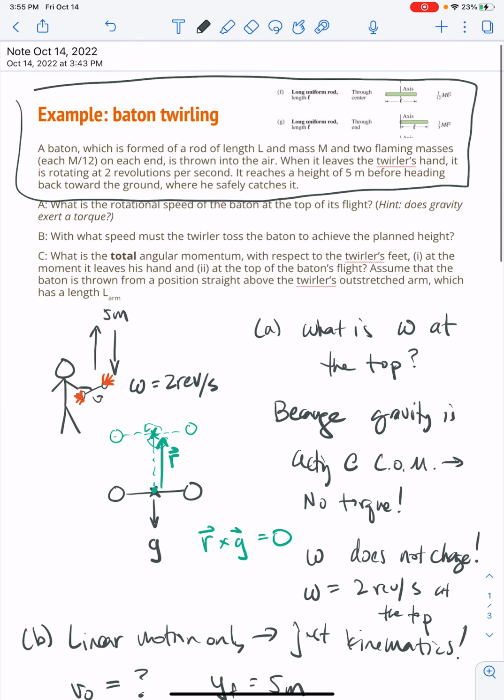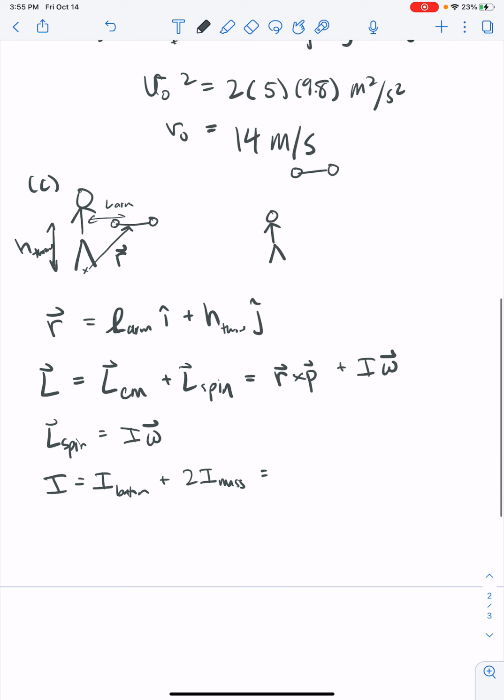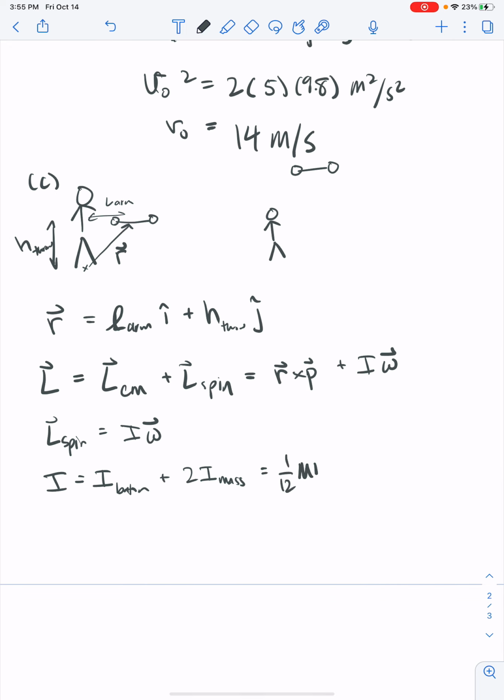So the I of the baton, we're going to use this here. So that means the baton is 1/12 ml squared, and then 2 mr squared for the individual masses. The individual mass is the mass of the whole thing over 12, and that R is L baton over 2.